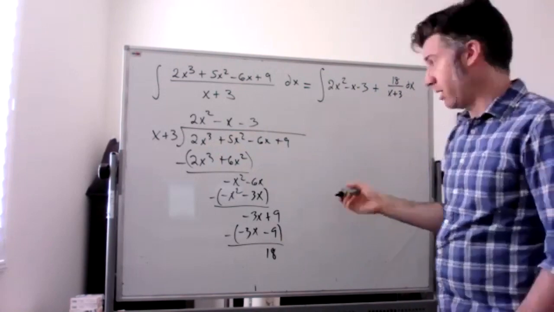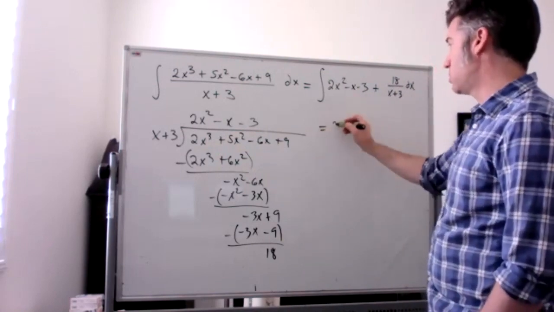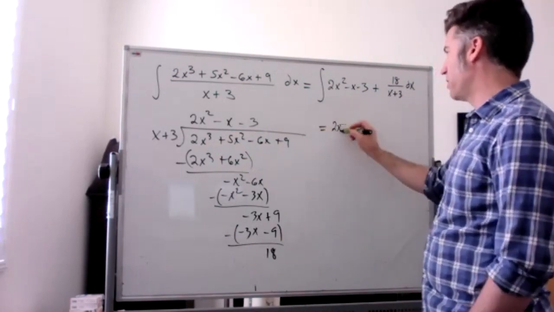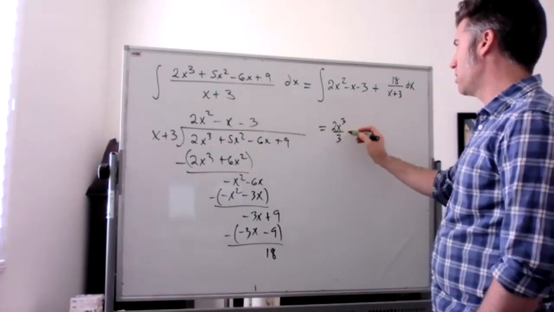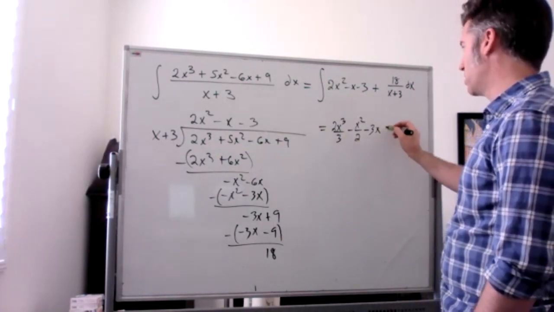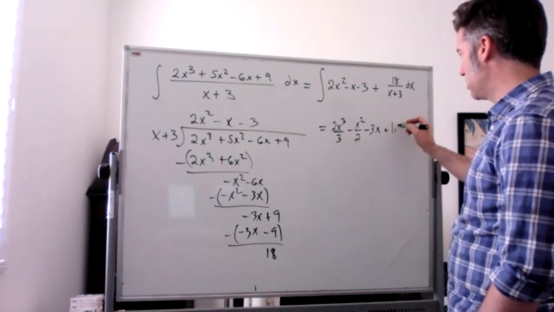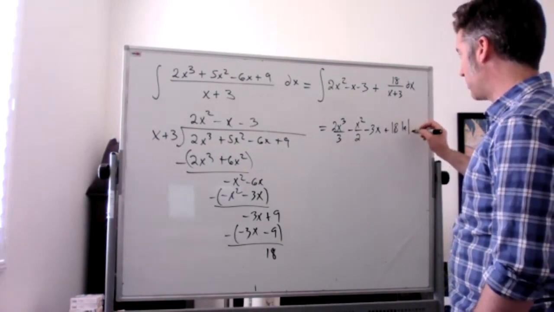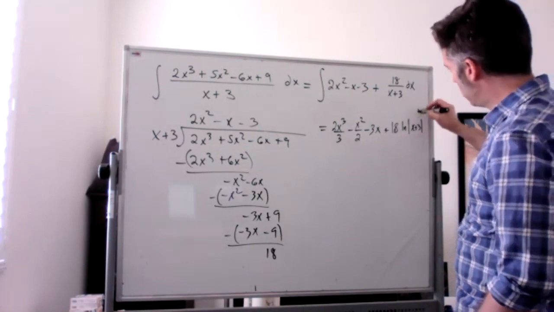And now we can integrate that. So that's going to be 2x cubed over 3 minus x squared over 2 minus 3x plus 18 natural log of the absolute value of x plus 3 plus c.